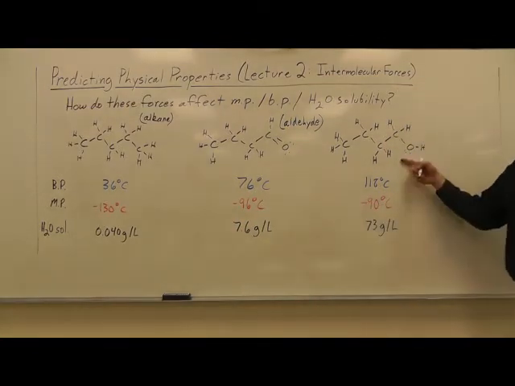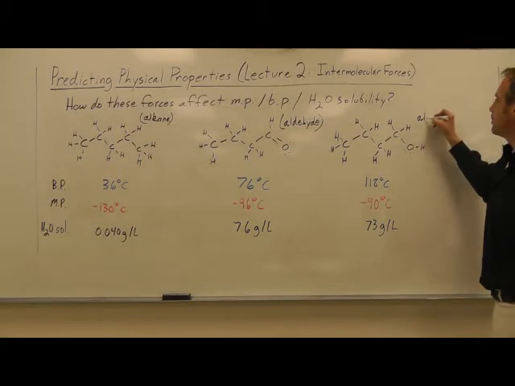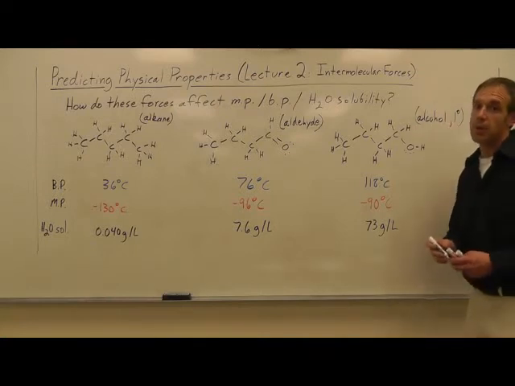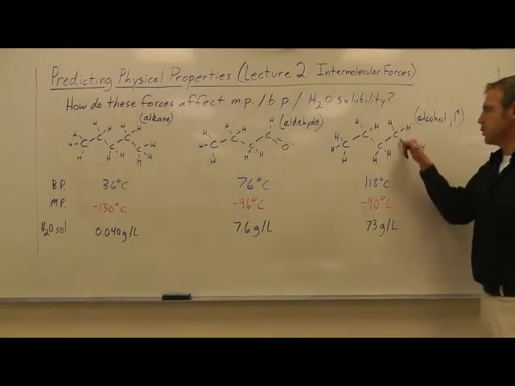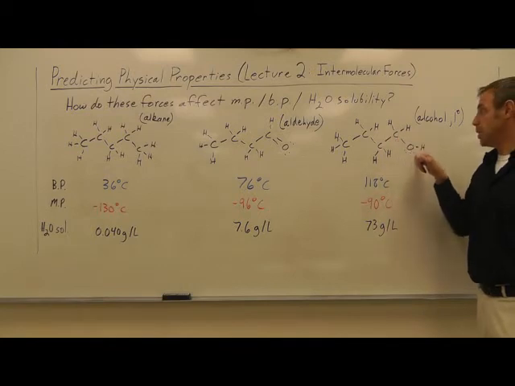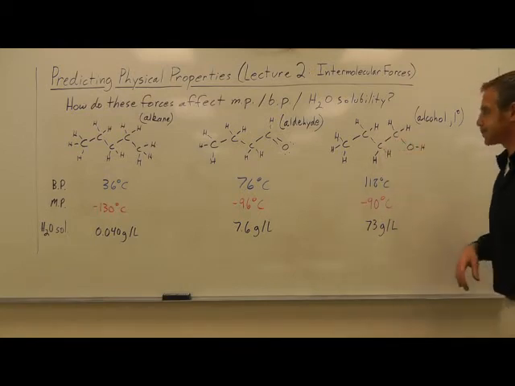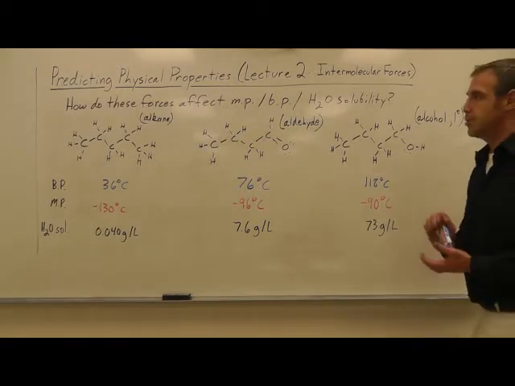Over here we've got an alcohol. And this is actually a primary alcohol because the carbon bonded to the OH group is only bonded to one other carbon. Well, okay, those are our functional groups.